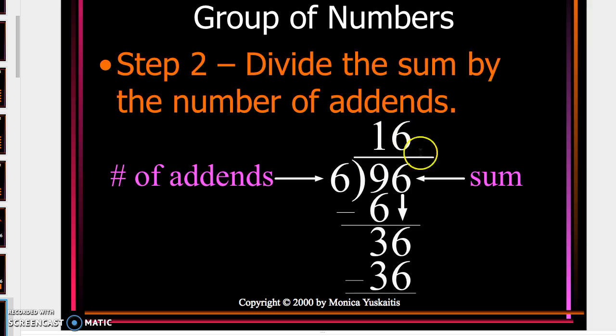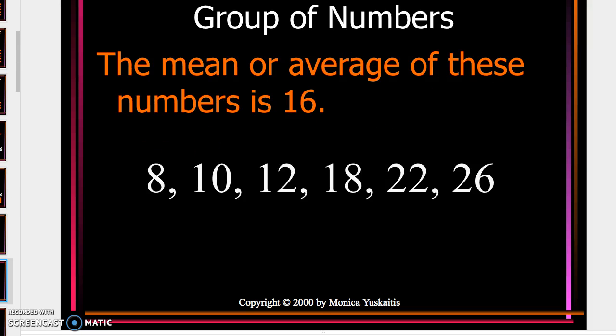So my average score on all of those spelling tests would have been a 16. That would mean I need to study. Okay, so 8, 10, 12, 18, 22, 26, my average score is 16. So you don't have to draw a picture and even them out that way. You can just add them up and then divide them pretty quickly.